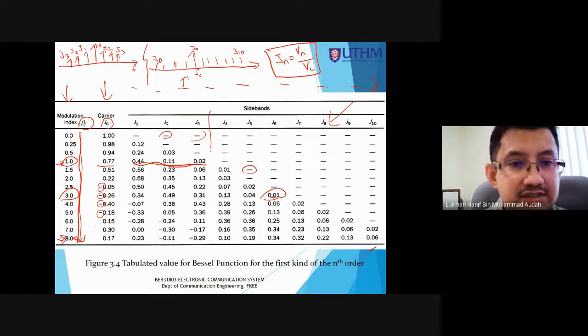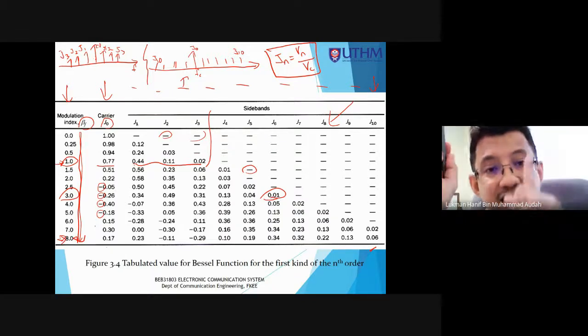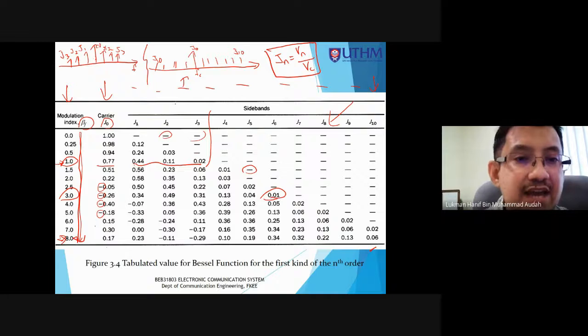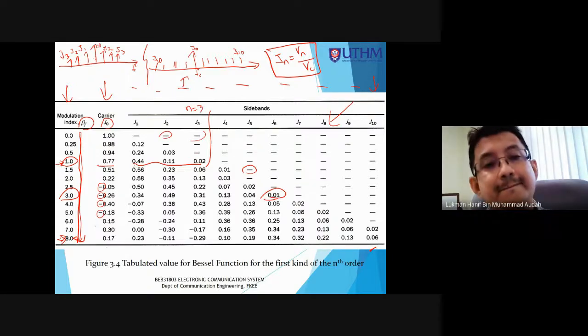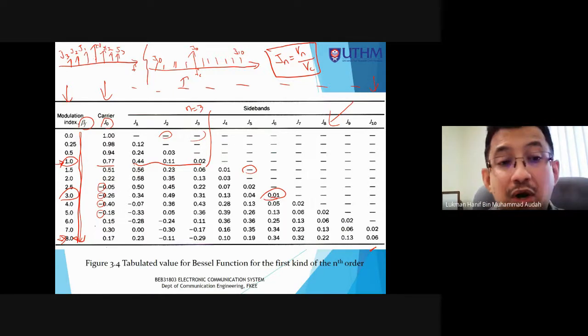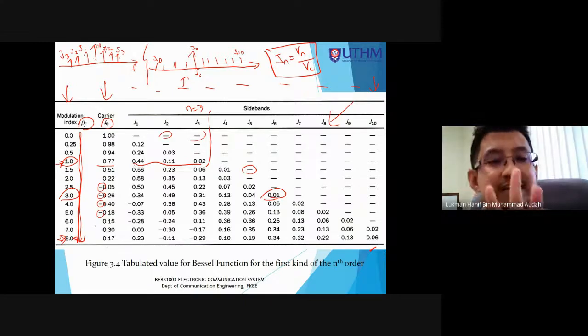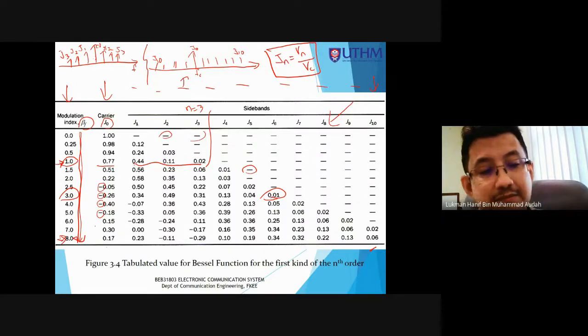Ini akan ada sehingga 3 pasang sideband. Bermakna pada beta F sama dengan 1, nilai N sama dengan 3. Kenapa? Kerana pada beta F equal to 1, we can produce up to 3 pairs of sideband, 3 pasang sideband.